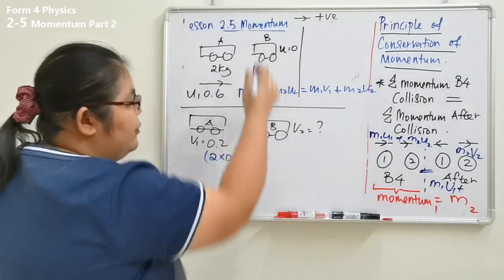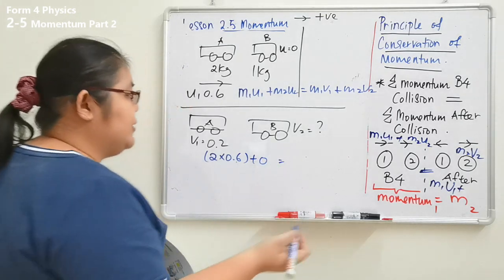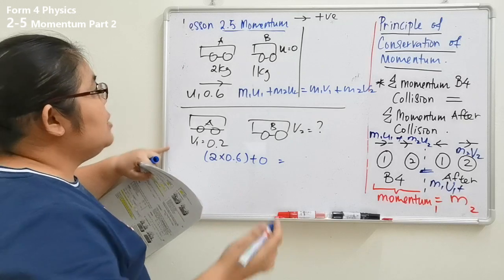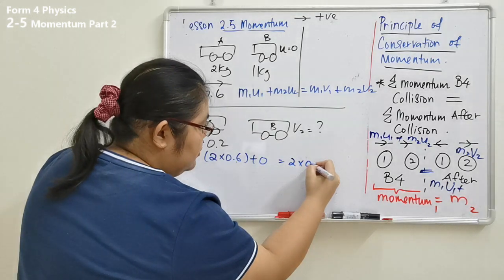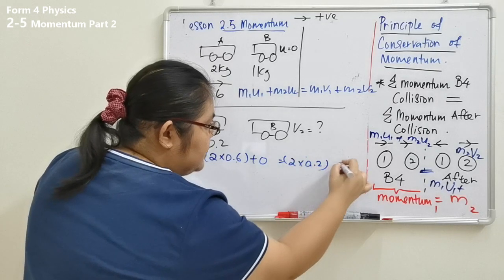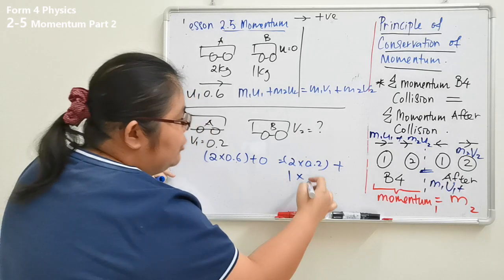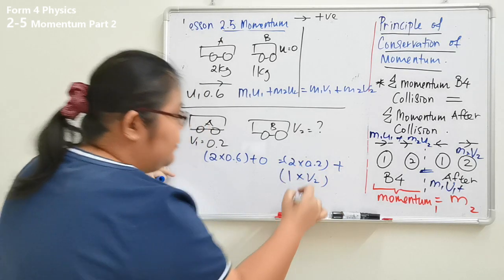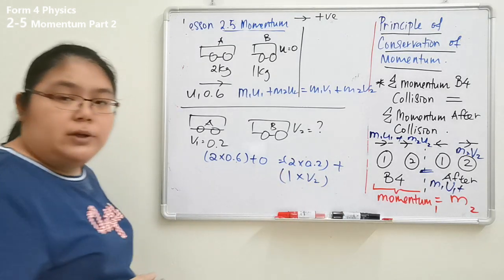M2 we don't need to write because it is 0, not moving. After collision, M1 is still the same, 2 kg, multiplied by 0.2, plus the final 1 kg, multiplied by V2, which we don't know, so we put a bracket here. From here you do the calculation, then you find V2.